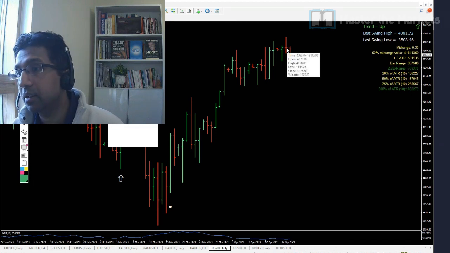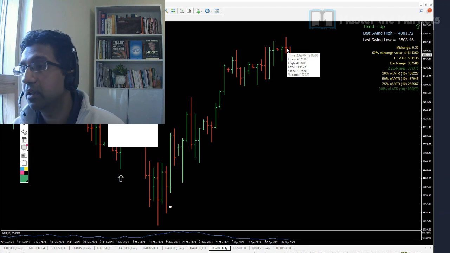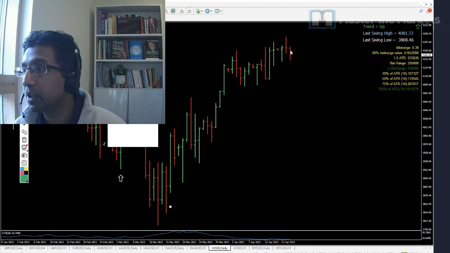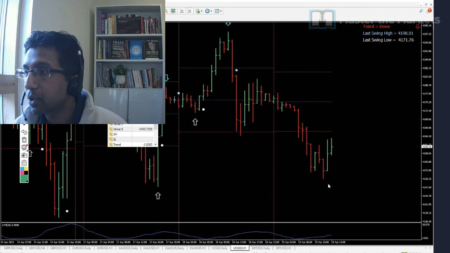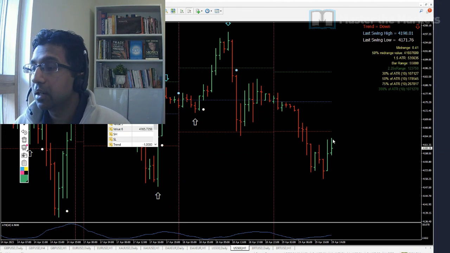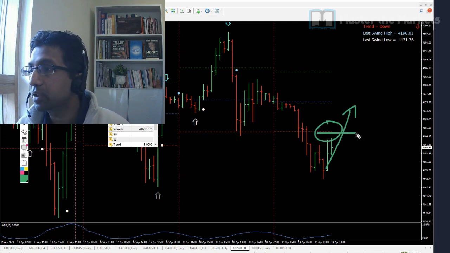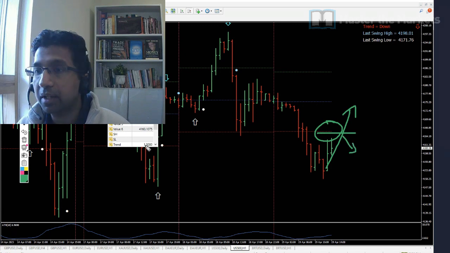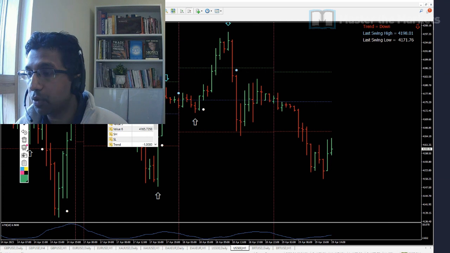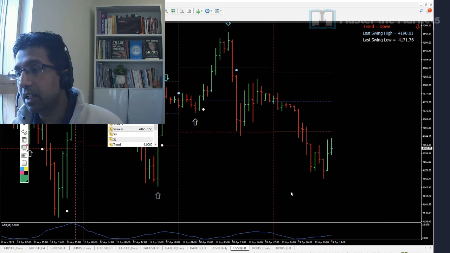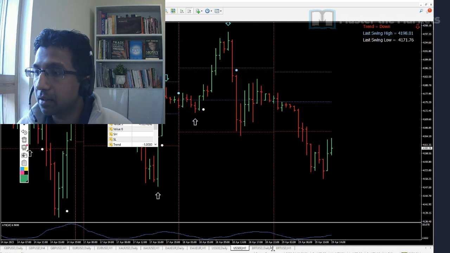So the ATR is 35 as of yesterday, so it's only done 28 for today. So there is still a bit of range I can take a look at. Maybe I'll wait for a retracement towards this lower stretch line, and then I will start to look at taking it to the downside to fill its range of 35 points. But in terms of 80% range, it has done that, so I'm just going to be a bit cautious on taking that.